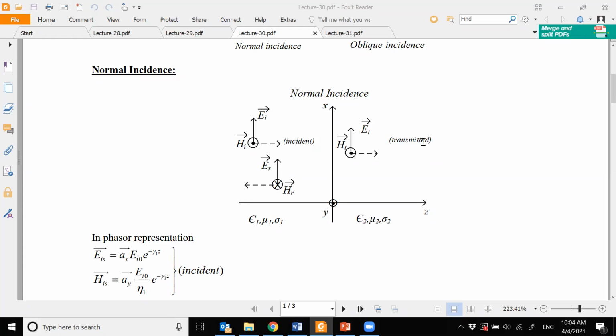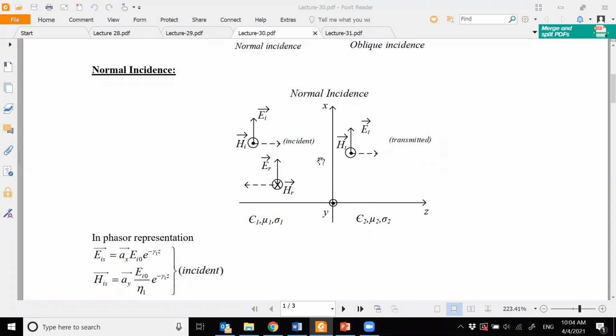When it hits a boundary, that means it is now moving from one medium to another medium. Then what happens to this electromagnetic wave? Logically, part of the amplitude of the wave should be reflected and part should be transmitted. Or in other words, part of the power will be reflected and part of the power will be transmitted.